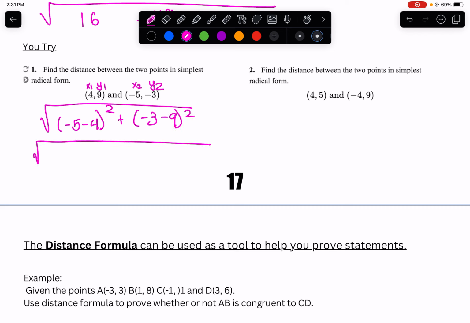So -5 minus 4 is -9, squared is 81. -3 minus 9 would give us -12, squared is 144. So now it's 81 plus 144, which gives us 225. And if I do the square root of 225, we get 15.